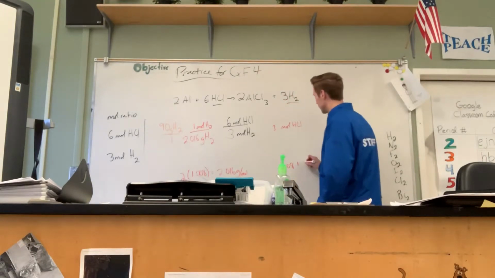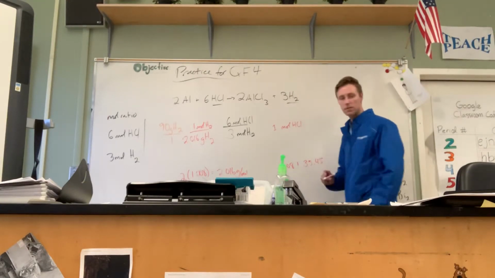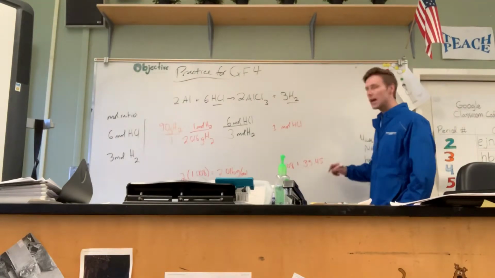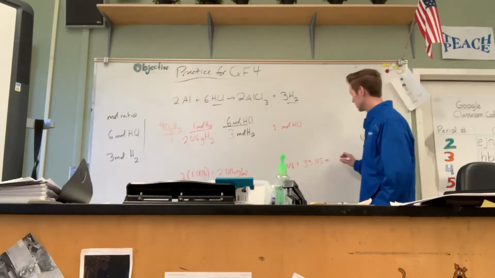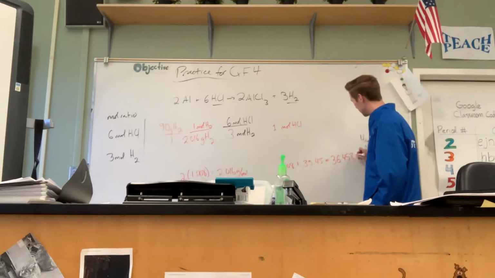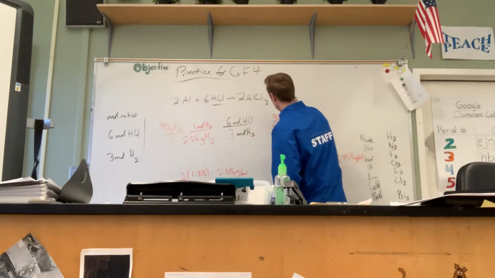Chlorine weighs 35.45, right? Anyone want to confirm that for me? You're right. Cool. This is going to equal 36.458 grams per mole. That means we're going to put 36.458 up here.